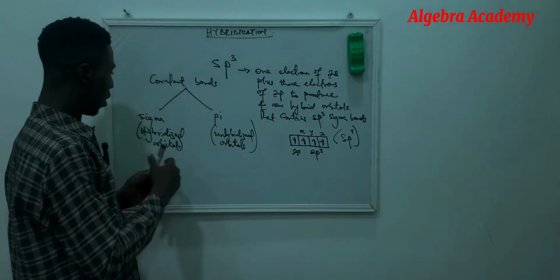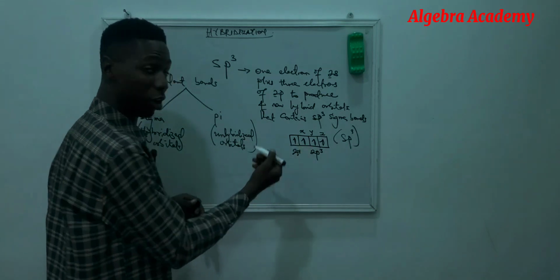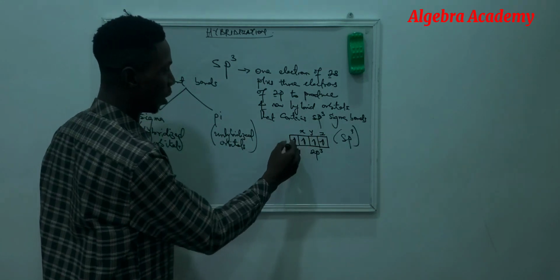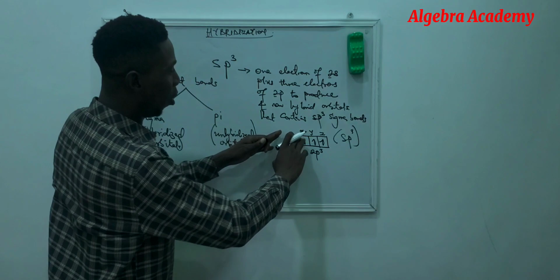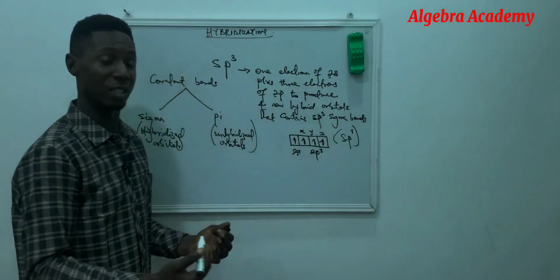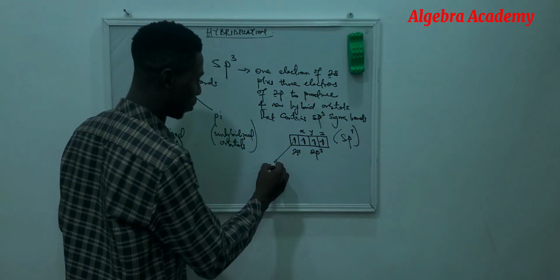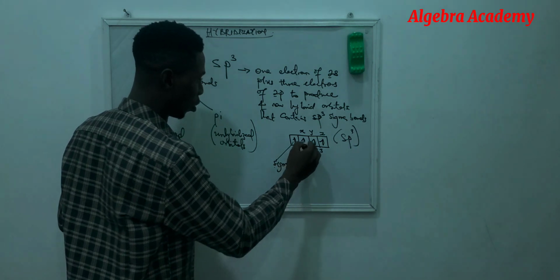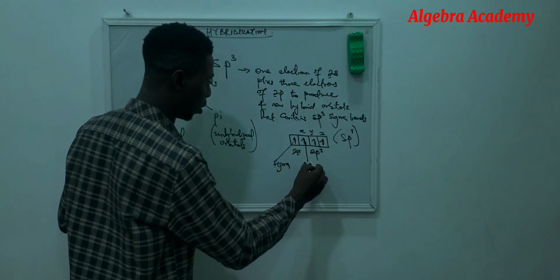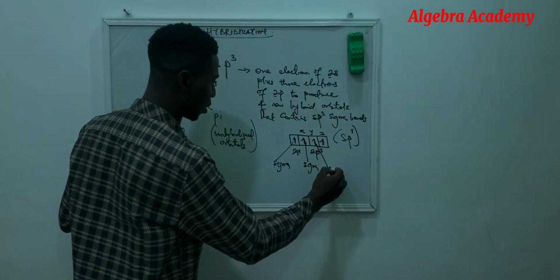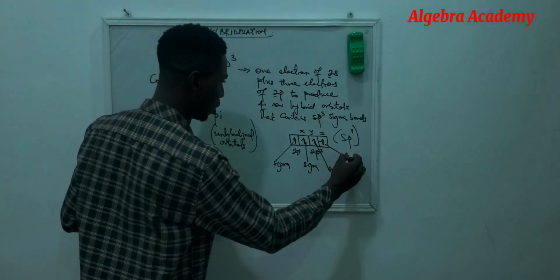It means all the bonds formed in sp3 will be sigma, because all the orbitals are participating in the hybridization. So this one forms a sigma bond, this one also forms sigma, the same with this, another sigma, and the same with this, another sigma.